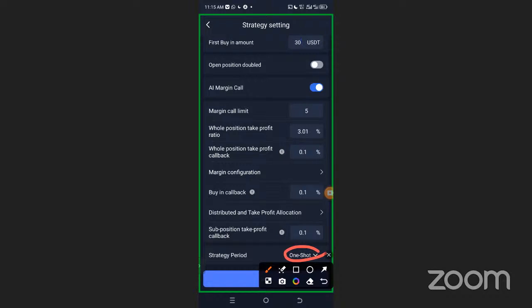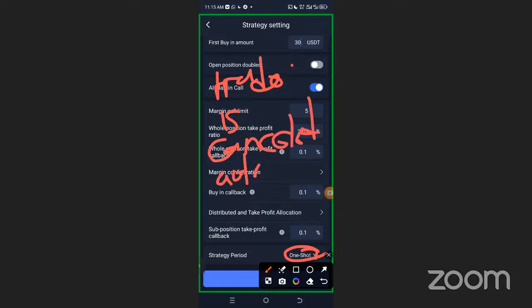And in this case, under one shot, the trade will be cancelled automatically by the robot. After the robot has bought and sold the coin, the trade is cancelled automatically.